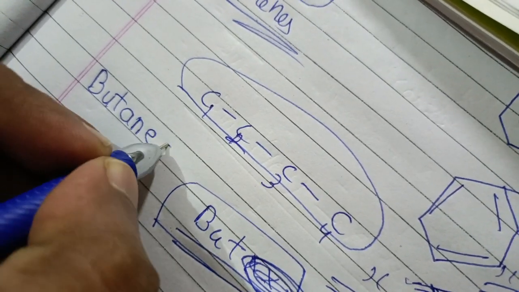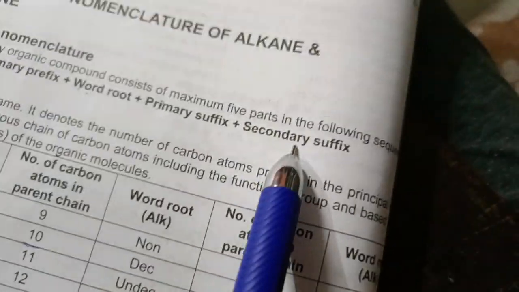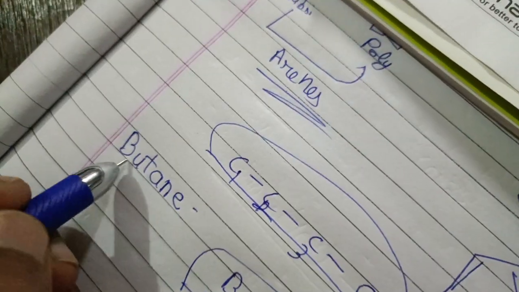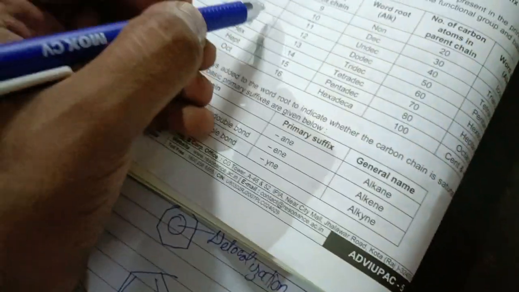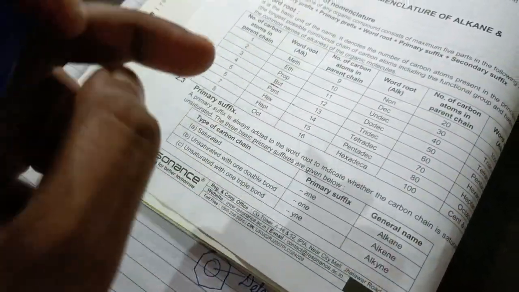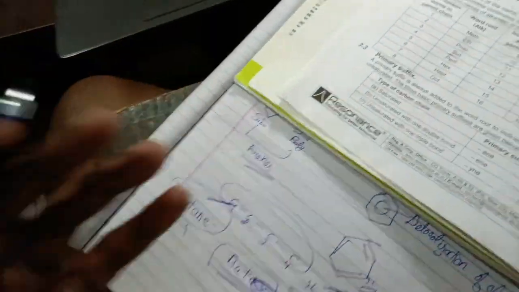Since we don't have any secondary prefix, primary prefix, or secondary suffix, we only have these two, and so the name of this compound is butane. That's it, simple. You pick one thing from this chart, one from this chart, and that's all there is to IUPAC.